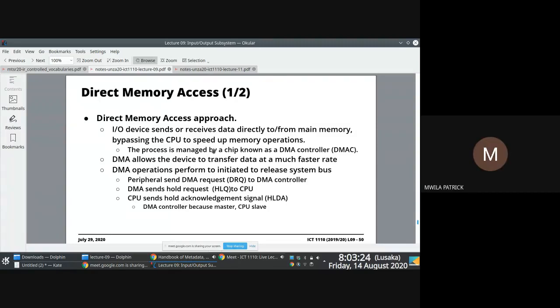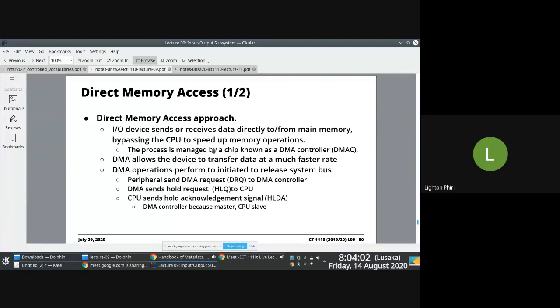Oh, yes, I thank you very much. Okay. So Mr. Lighton, you mean that the access is not direct, but it usually sends signals, eh? Yeah, well, so the peripheral, ideally, with direct memory access, you have access to main memory. But before you can gain access to main memory, you have to tell the CPU that you need access to main memory. Which is why the first thing that happens is the DMA controller will issue a hold request to the CPU.